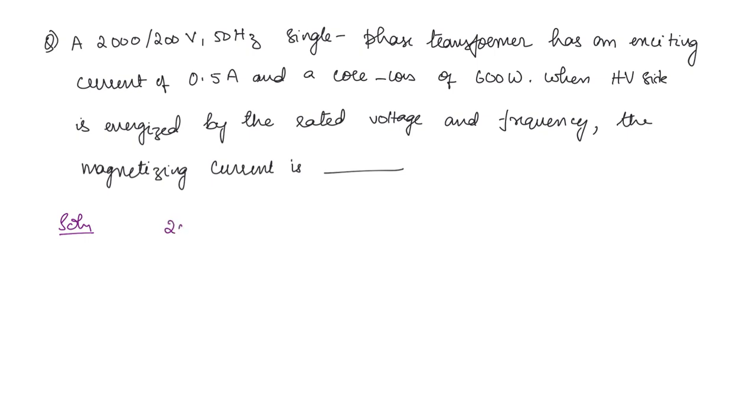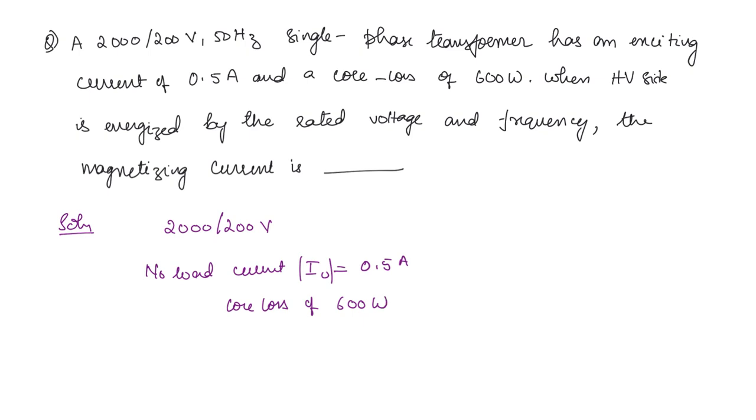So it is a 2000 by 200 volt single phase transformer. Now what is given? The exciting current. The exciting current is nothing but the no load current. Okay. So no load current I naught is equal to 0.5 amperes. The magnitude is given, right? And the core loss is given as 600 watt.